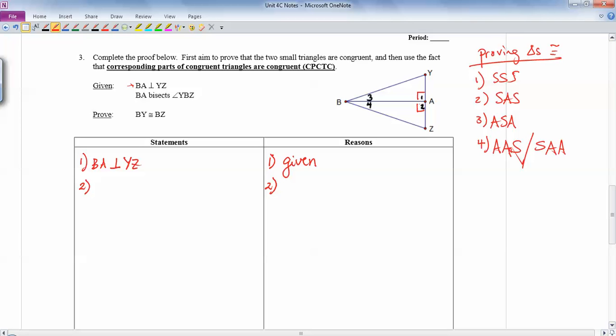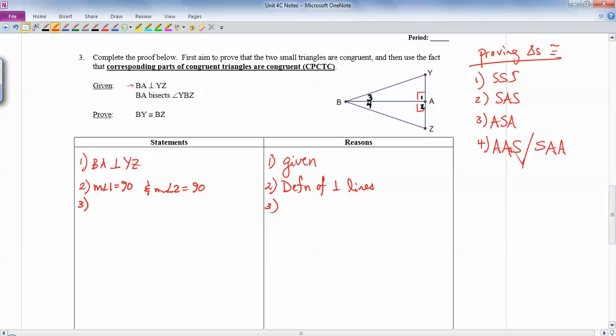So, in fact, I'll list it here. You could say measurement of angle 1 equals 90, and measurement of angle 2 equals 90. That's because of the definition of perpendicular lines. You could list these as two separate steps if you wanted to.